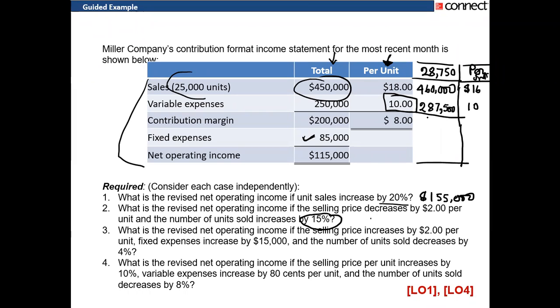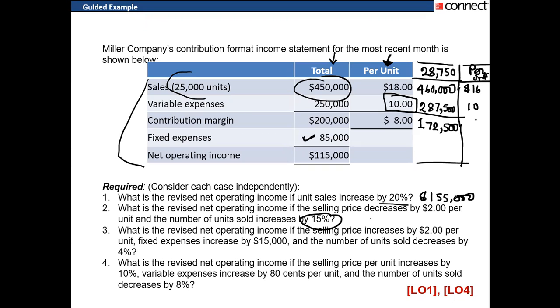So what will be the contribution margin? The difference between the sales and the variable expense? It should be 172,500. Okay. Now, per unit contribution margin will be same or it will change? What do you think?